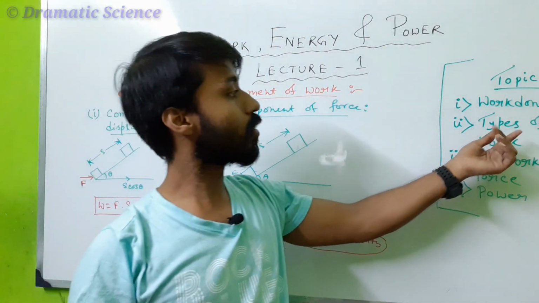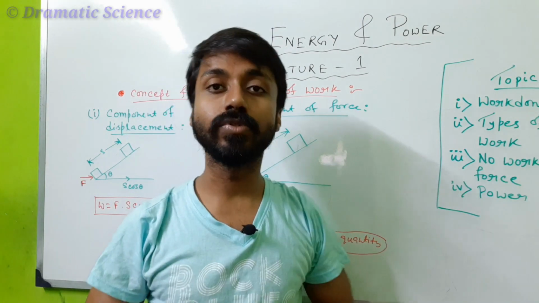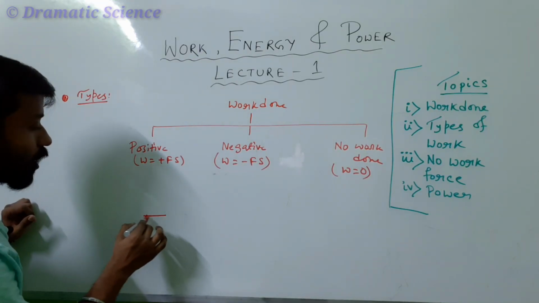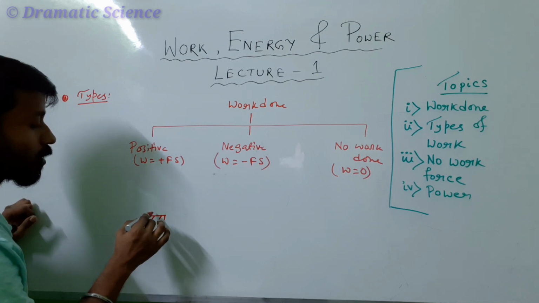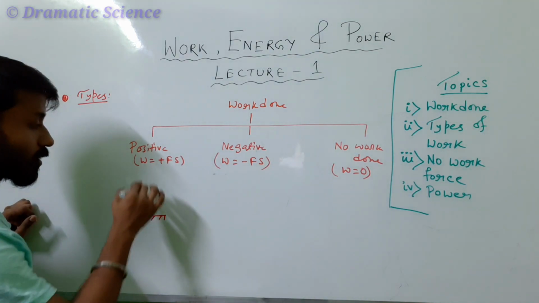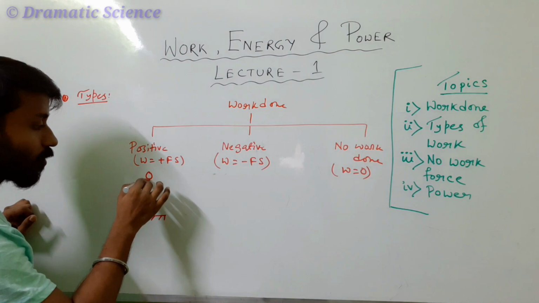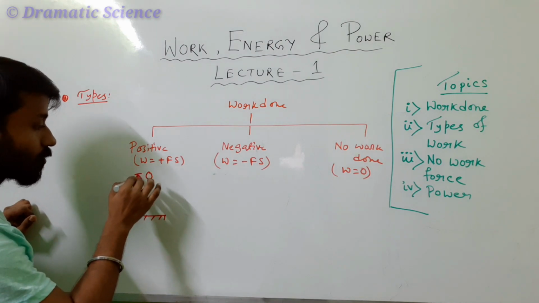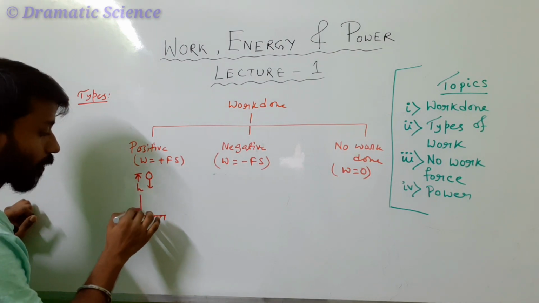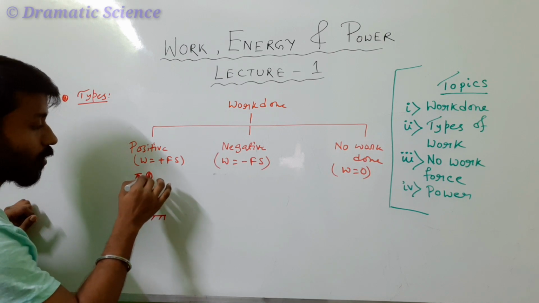Next we will go to the second topic, that is types of work. एकदम सिंपल एग्जाम्पल है. Suppose this is the ground, we are throwing a ball at a certain height and the ball is falling from this height, say h. Right, this is the velocity of the ball.